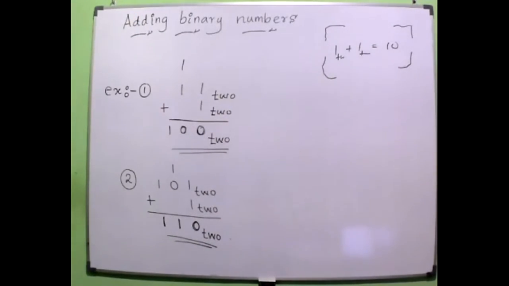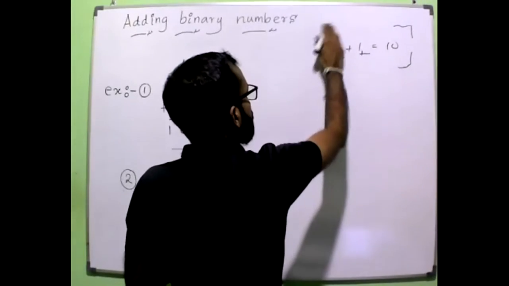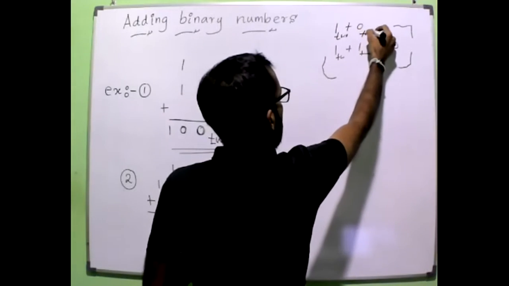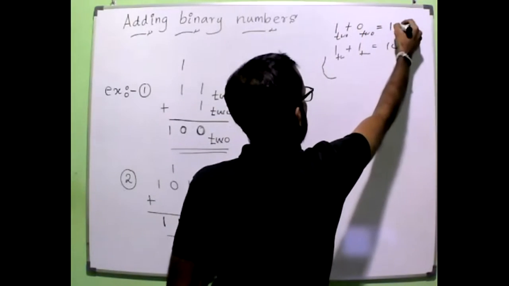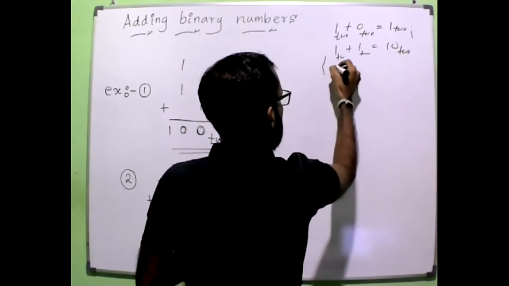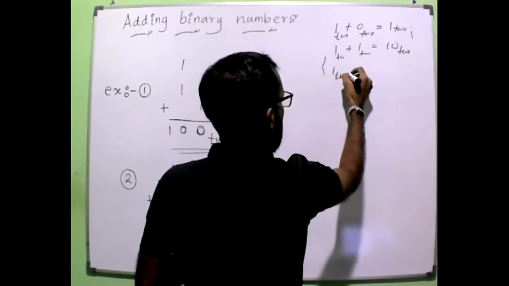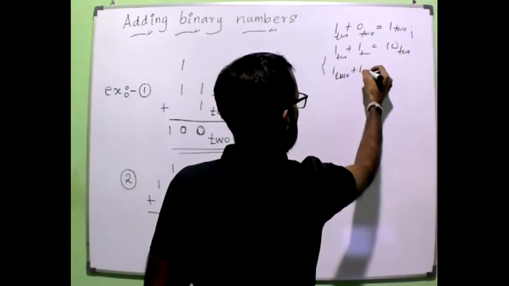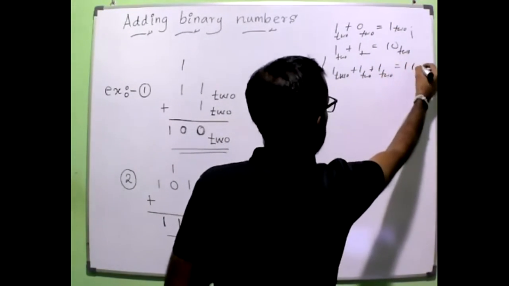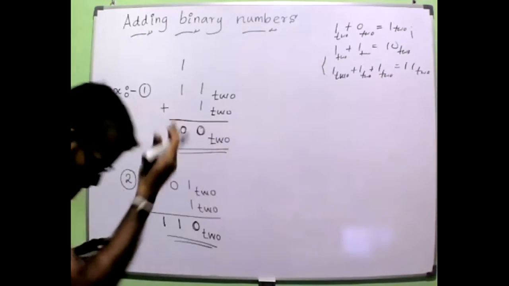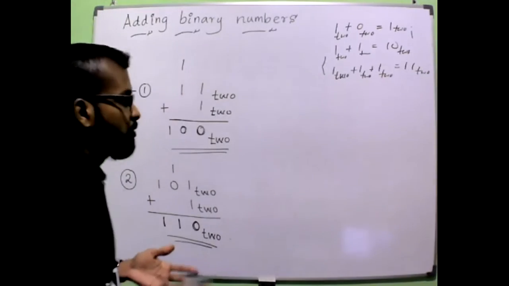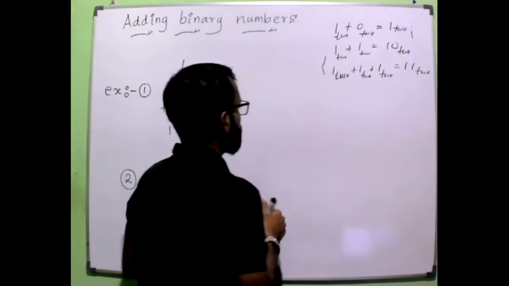So all the things I have given to you, if you look at the thing that I have given to you here previously, you can use this table. I have given you this previously. What happens if you have 3 ones to be added? Okay, I will do some more questions.